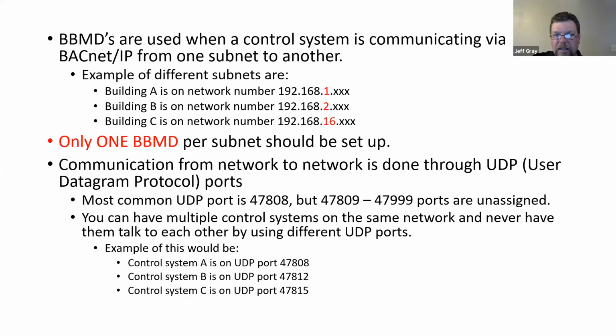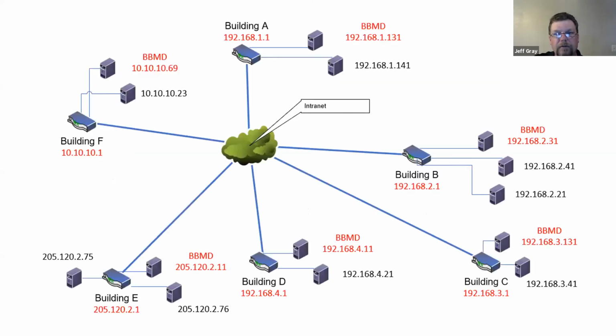They have to have a VNet, and they have to have a UDP port. They're not so much limited to a specific brand. I know Niagara, when you get into a Jace and set that up under your IP network, you select it to be a BBMD device, and then you can go into your BDT table and enter those in.